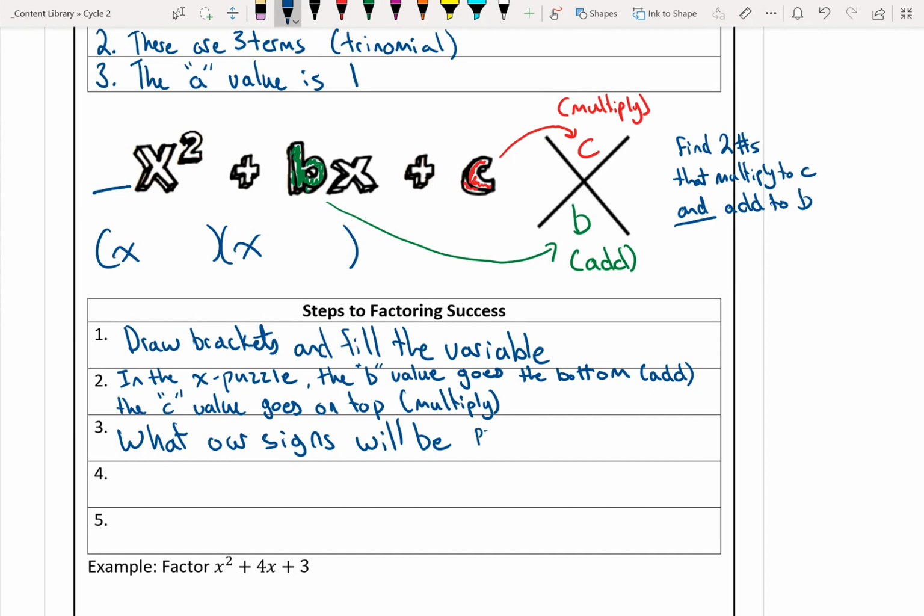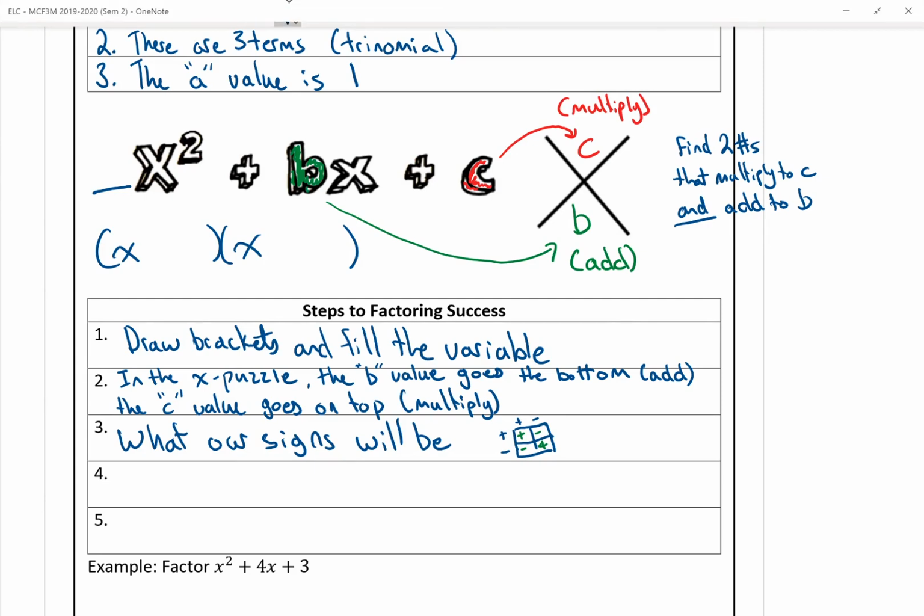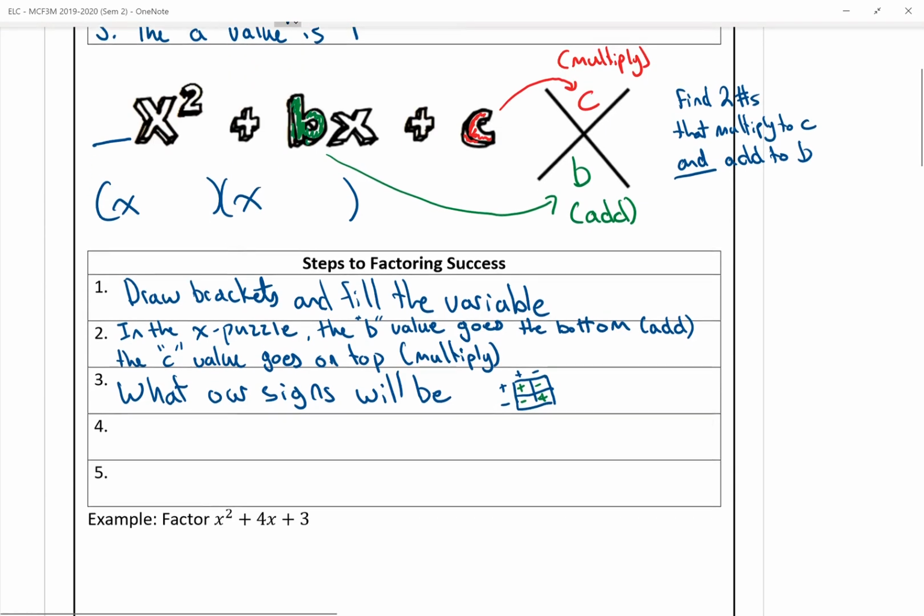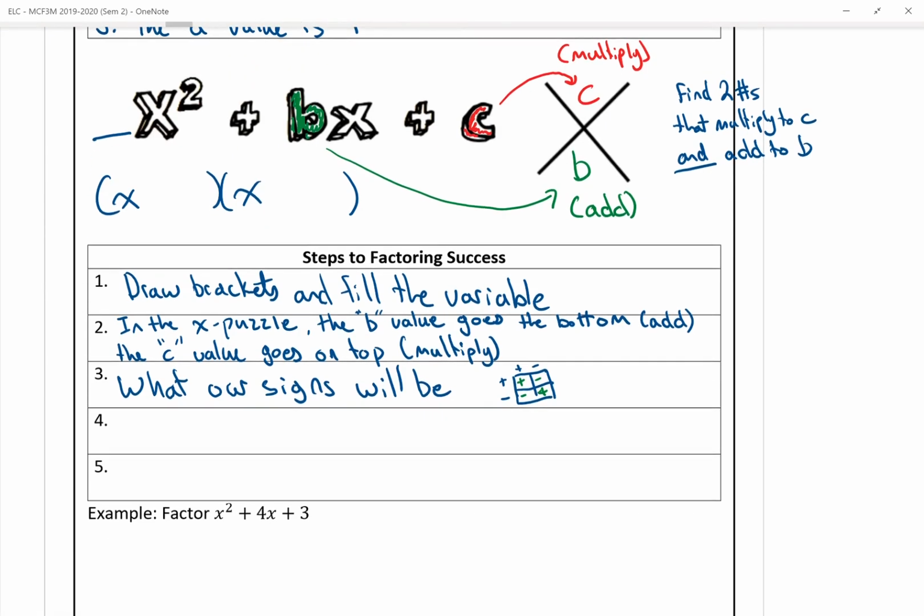So in terms of multiplying, if I have a positive and a negative, I should remember that when they multiply, those are my options. So 2 positives gives me a positive, 2 negatives give me a positive, 1 of each gives me a negative. So you want to think about that in terms of thinking about what your numbers could be when you're trying to find them.